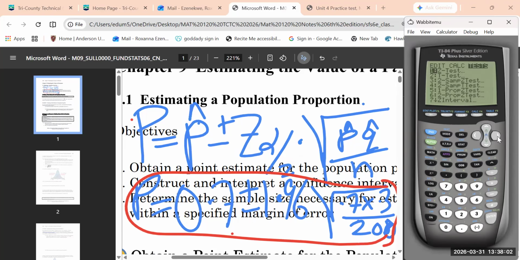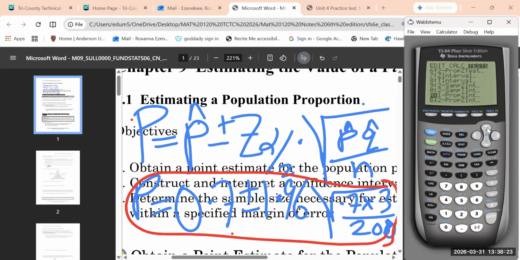Arrow down to 1 proportion Z interval, which is what I'm looking for. Why am I looking for 1 proportion Z interval? That is it here.